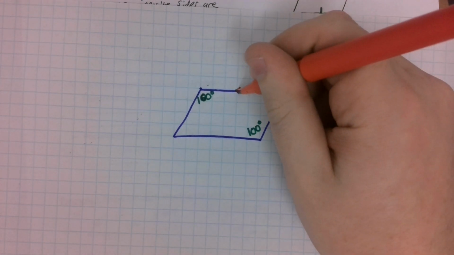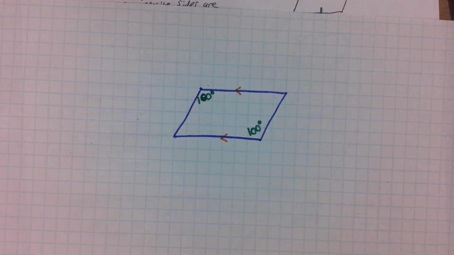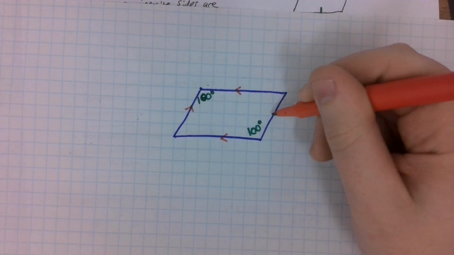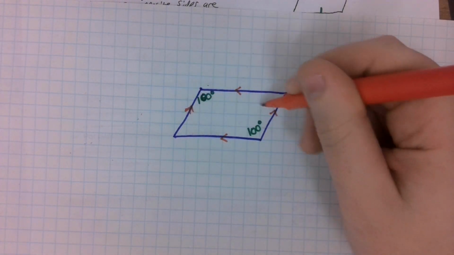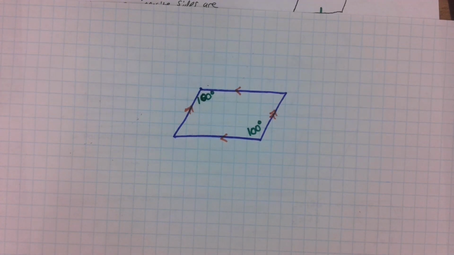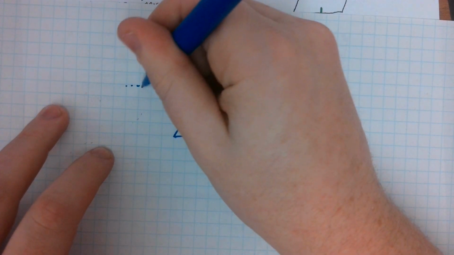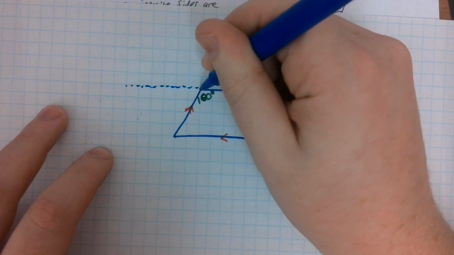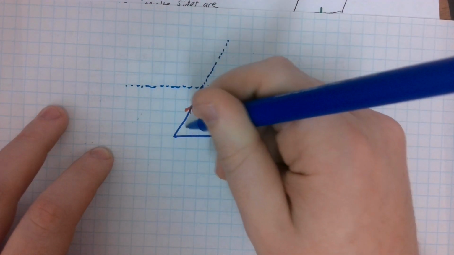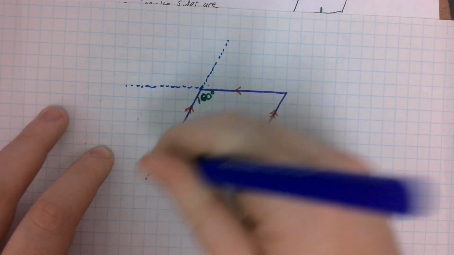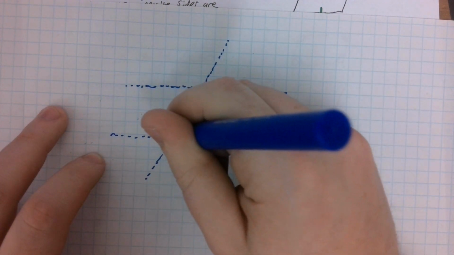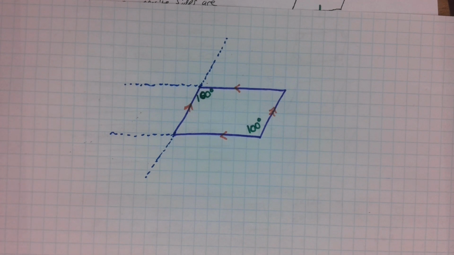Geometrically, we know that a parallelogram is made up of parallel sides, right? So we actually know that we can do something with these parallel sides. If I extended out the sides here using dotted lines, this is what one side of a parallelogram would look like.